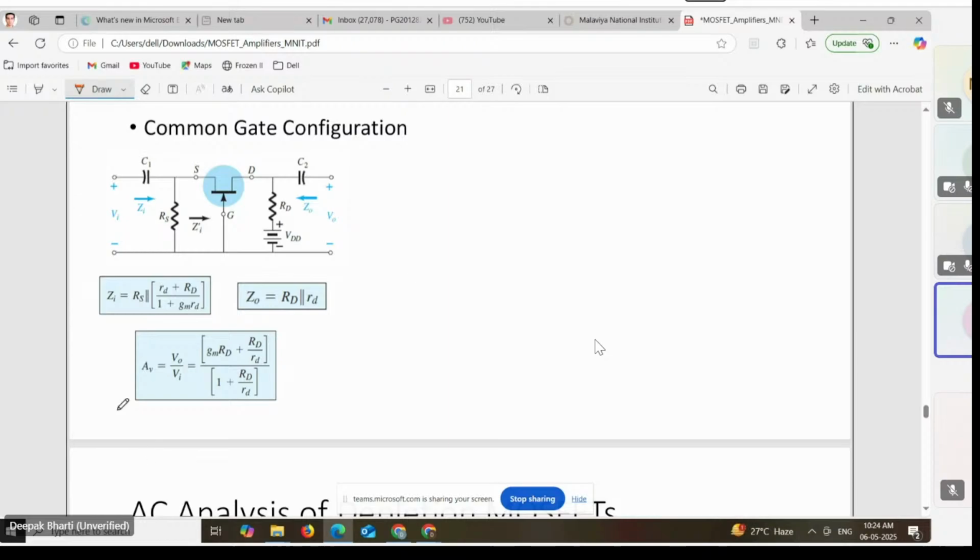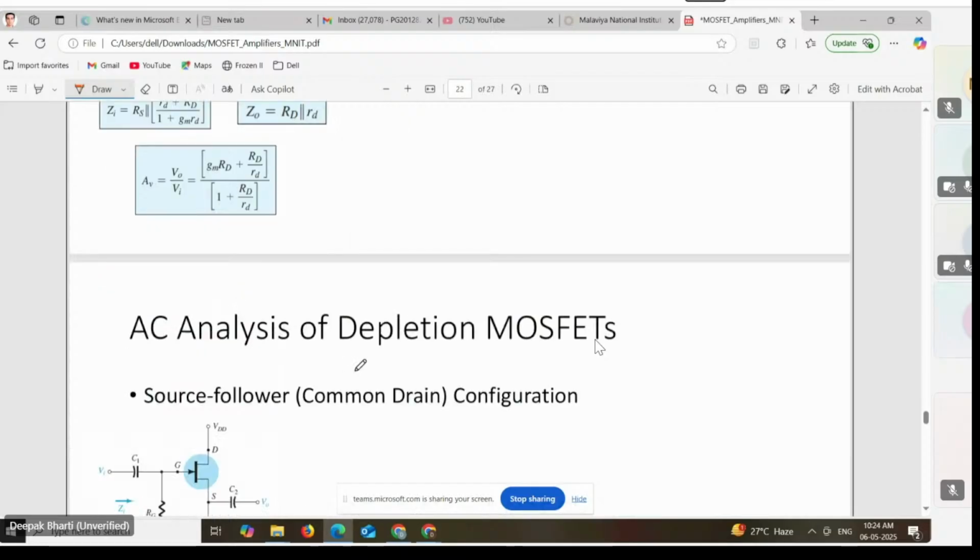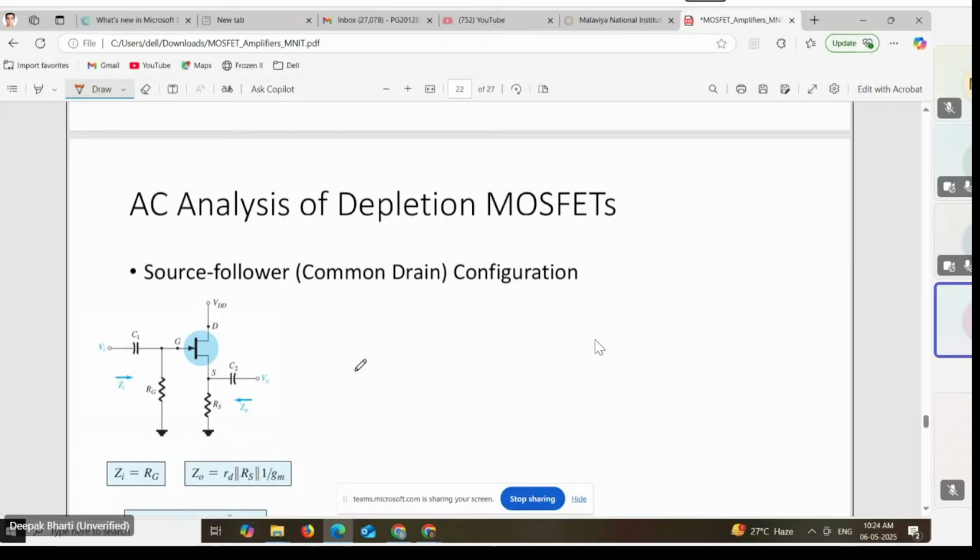And for the voltage gain, you have to get the ratio of V0 and VI. All of these parameters can be simply obtained by using the KVL and KCL rules. The length of the analysis can be more, but it is simply KCL and KVL and then the rearrangement of the terms in order to get the ratio you want.